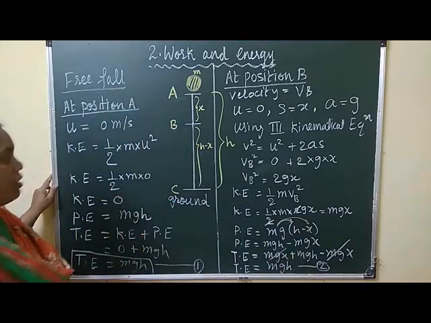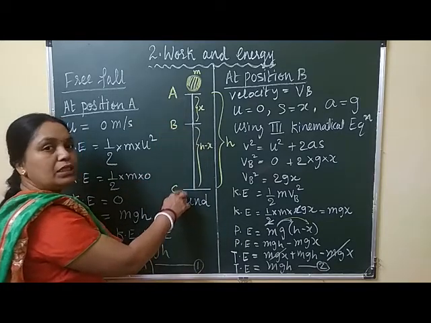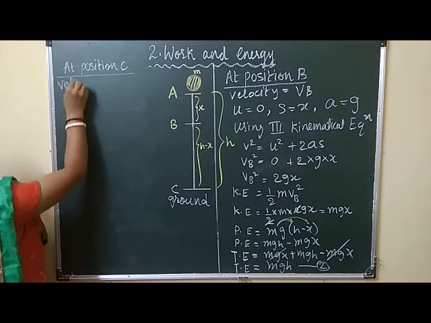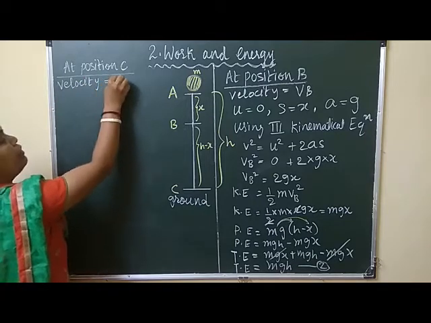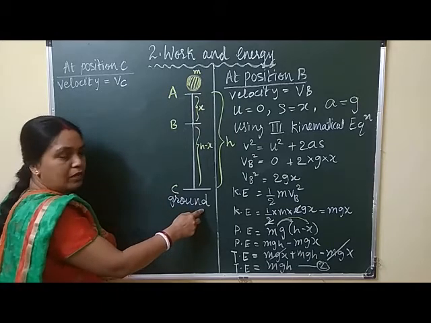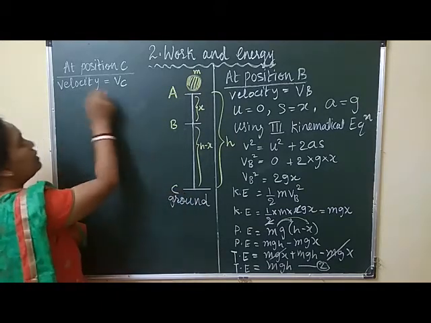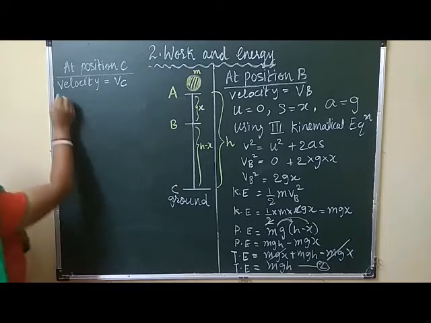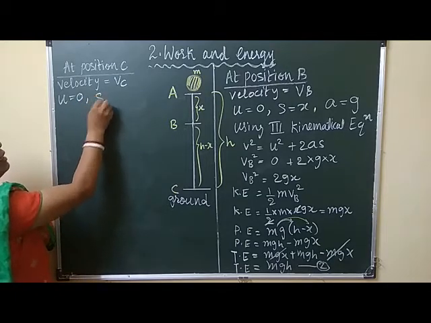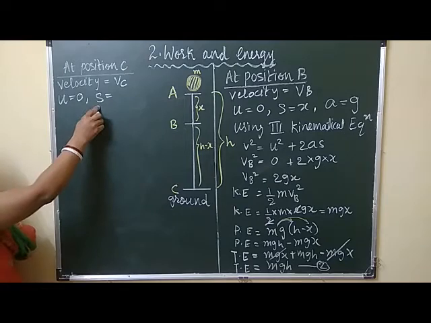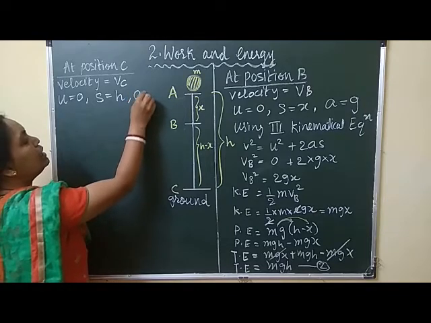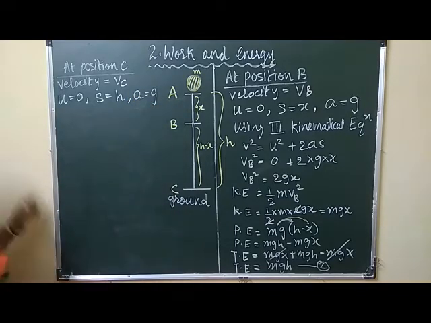Now what will happen when the object falls down at position C? At position C, on the ground, the velocity here we can consider vC. Now, initial velocity of the object is again 0. The displacement covered when it is falling on the ground is h, and acceleration is acceleration due to gravity.